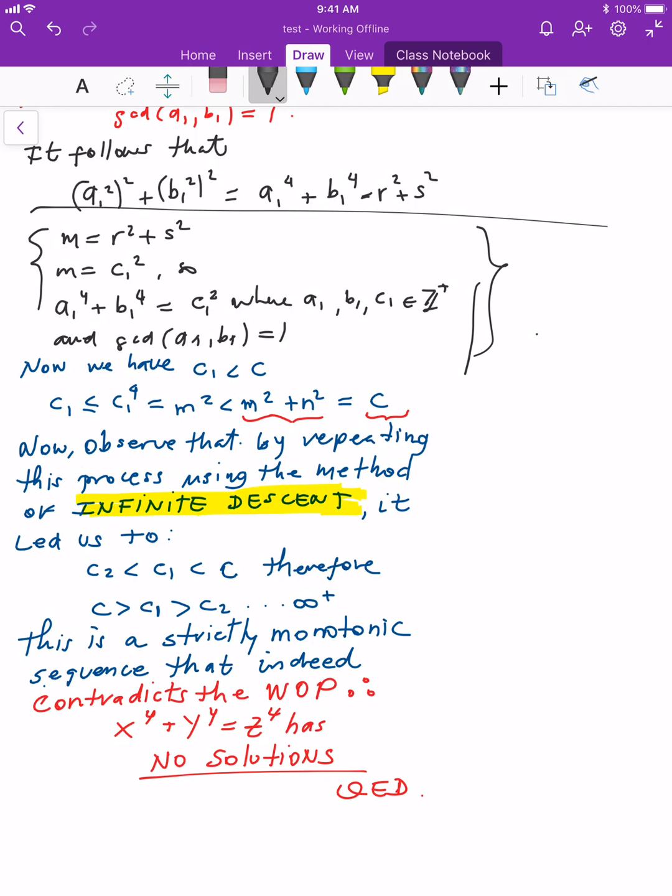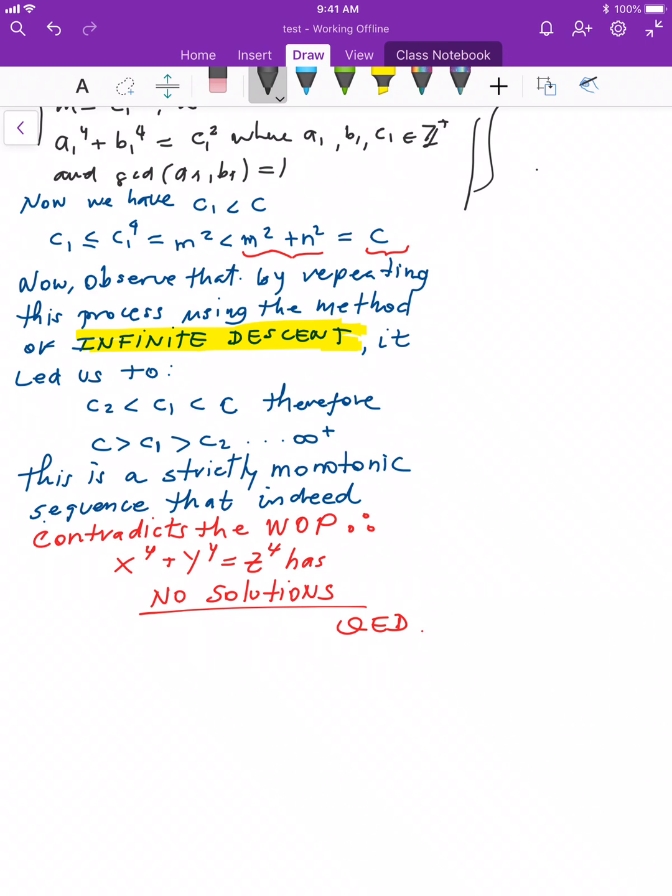Now we have that c1, and this is important, is less than or equal to c1 to the 4, and c1 to the 4 is equal to m squared, which is less than m squared plus n squared. And this is equal to c.